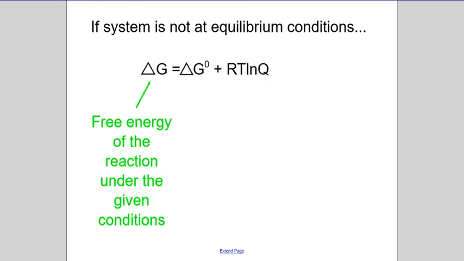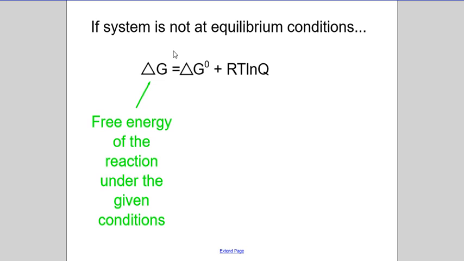Okay, so this is just a quick breakdown, and then we are done. If we have a system that is not at equilibrium, so again, here is that delta G value, delta G standard plus RT ln Q. If the system's at equilibrium, this value is 0, so we can move this over, and this would be a K value, which is where the normal delta G standard equals negative RT ln K comes from.